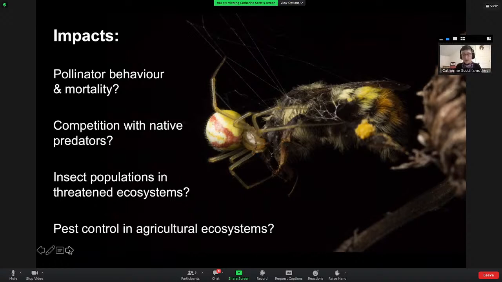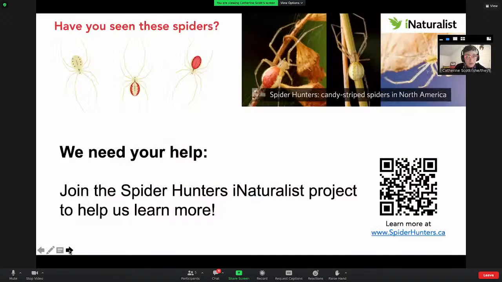We still don't really know yet, again on a broad scale, what the impacts are in terms of numbers of insects that these spiders are eating. So these are questions that could occupy me probably for decades to come. But right now we're working on still getting back to the basics in terms of understanding in North America where these spiders are, what time of year they're active, what habitats they're active in, what kind of microhabitats they like.